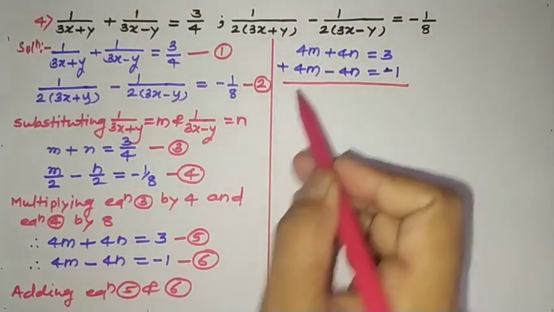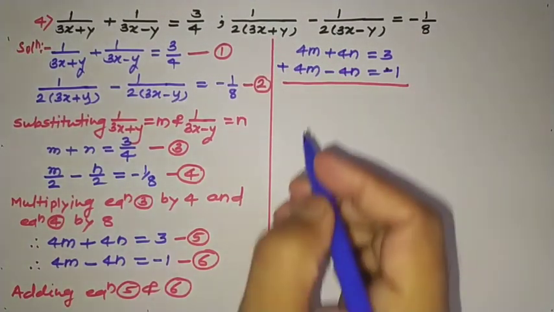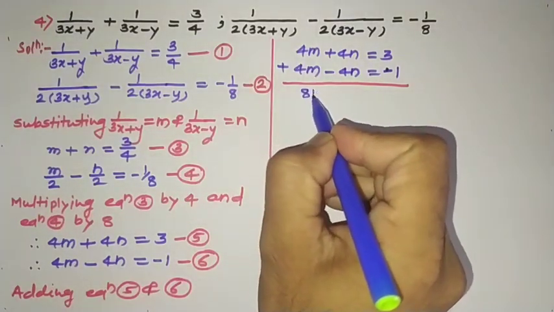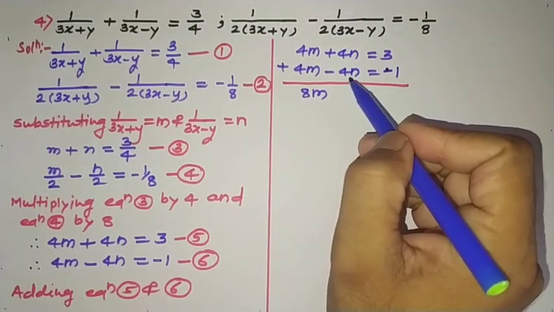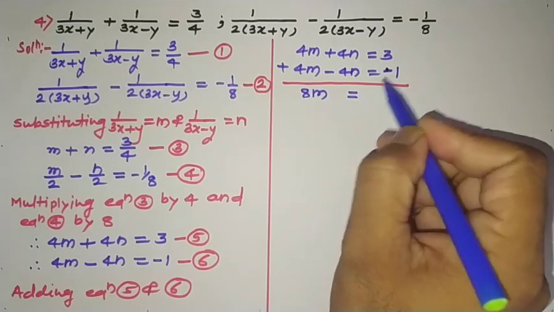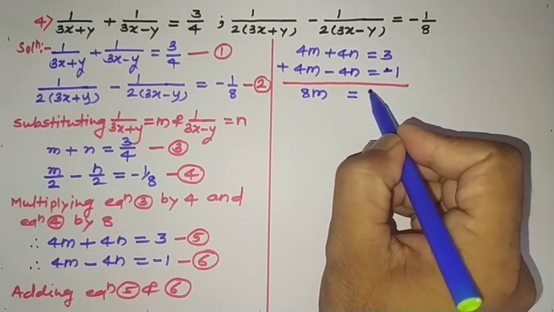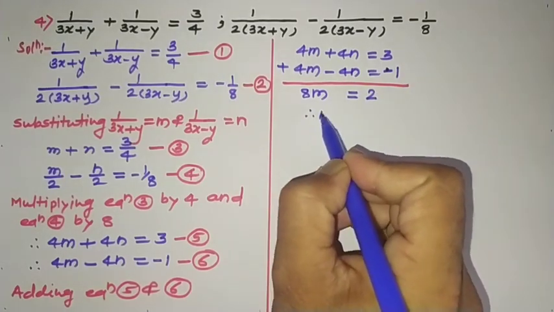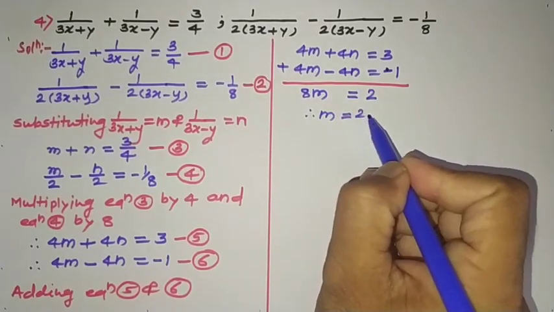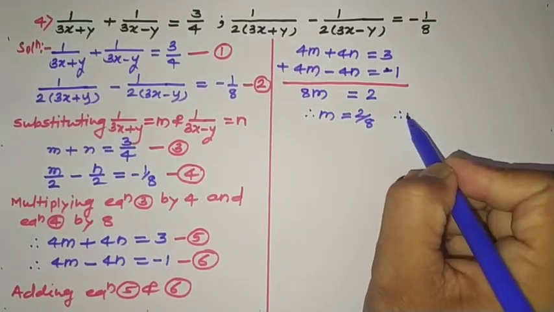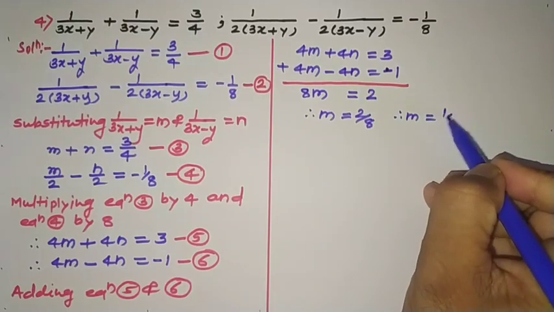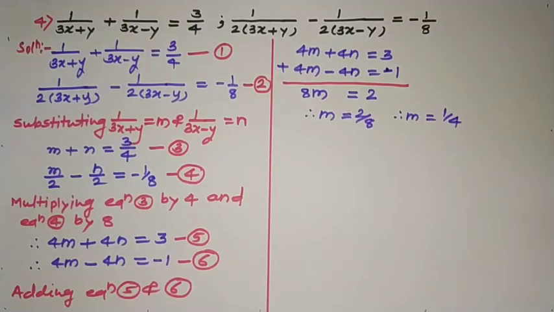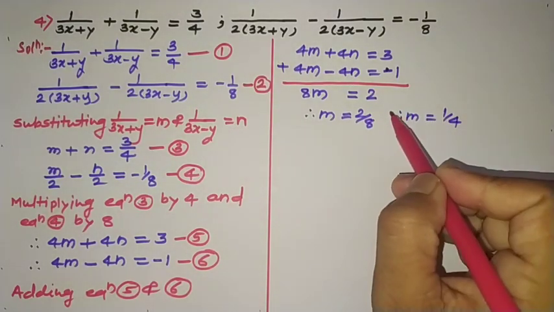Here adding 4m, 8m, 4m and 4m is 8m, plus 4n minus 4n eliminated. 3 minus 1 is 2, therefore m is equal to 2 upon 8, and the value of m, 2 fours are 8, is 1 upon 4.